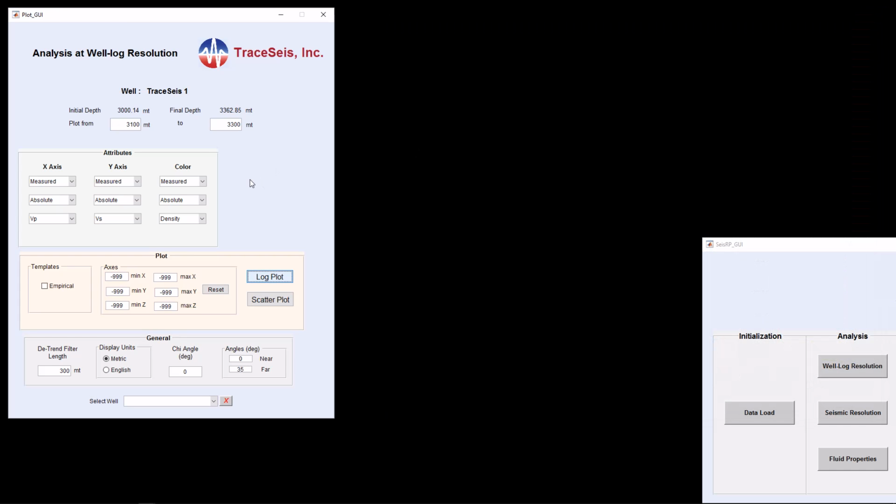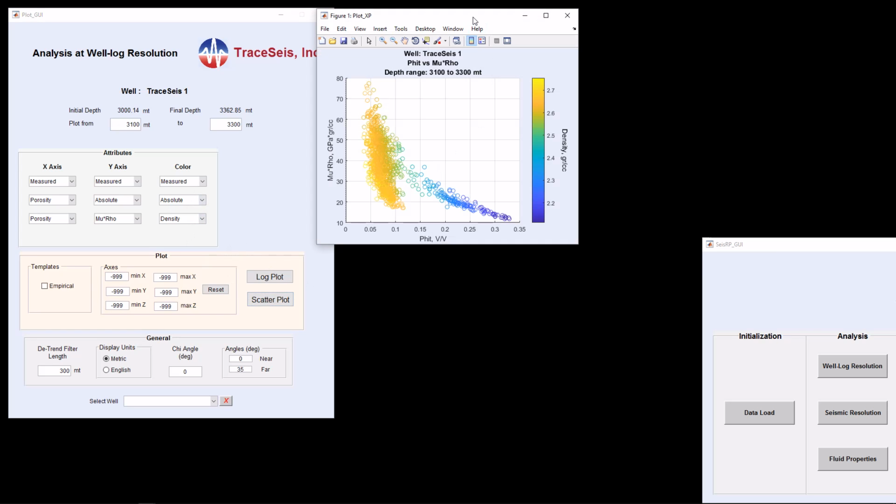Let's now make scatter plots of petrophysical properties against attributes that can also be computed from seismic. Let's try porosity against mu rho, and let's leave the color coding by density. This is the scatter plot.